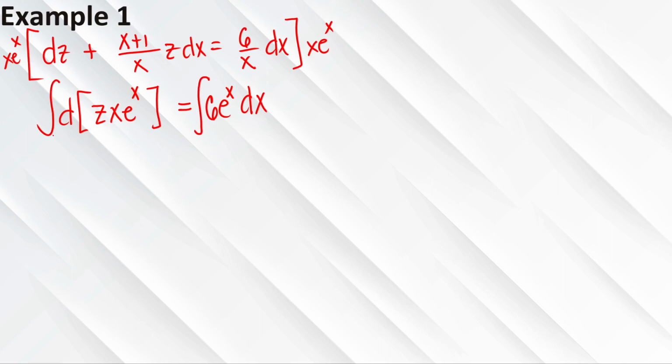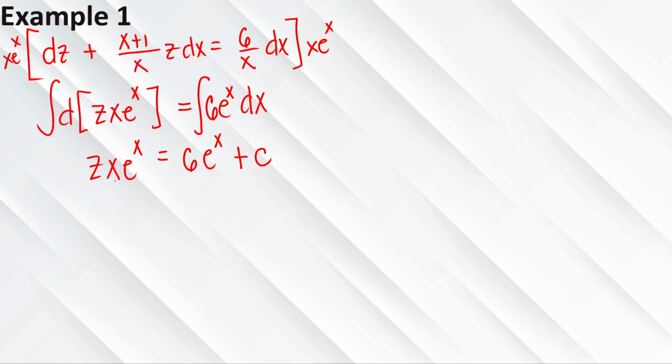Syempre, nagtabi ang integral at derivative. Makakancel lang yun. z x e raised to x equals 6. Factor out natin kasi constant term siya. At ang integral ng e raised to x is e raised to x pa rin. And then, syempre, huwag natin kalimutan yung plus c.